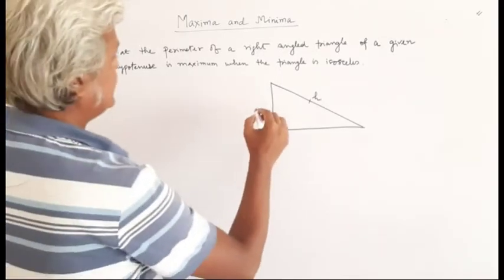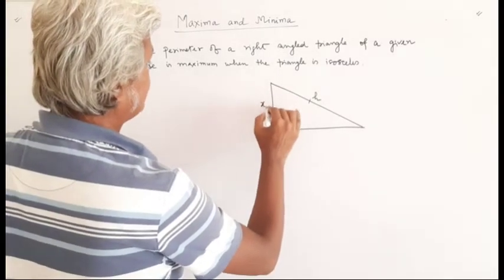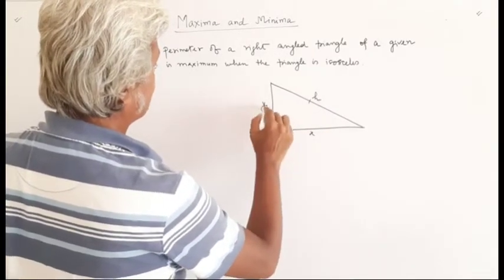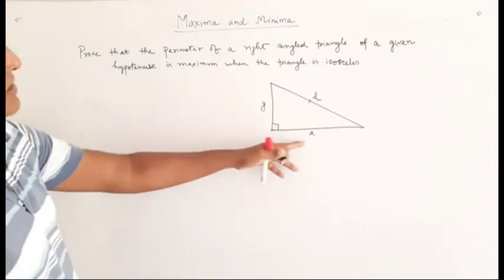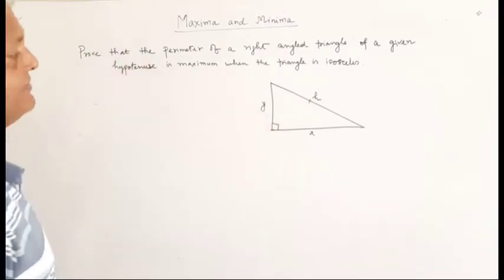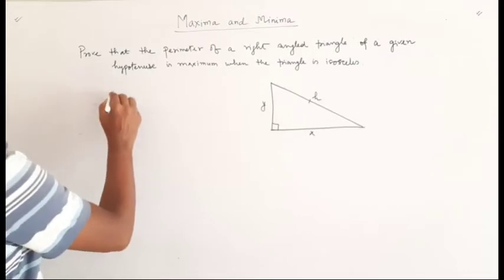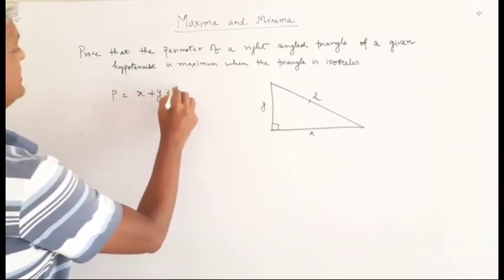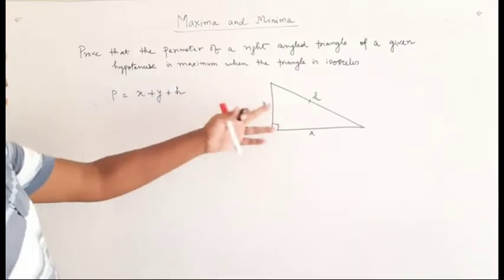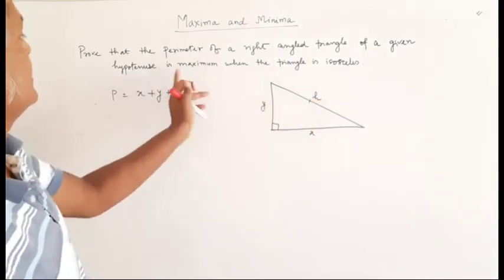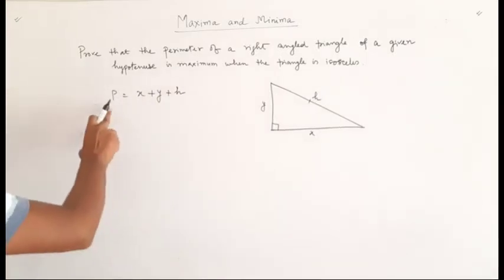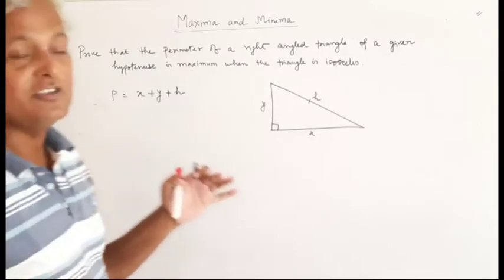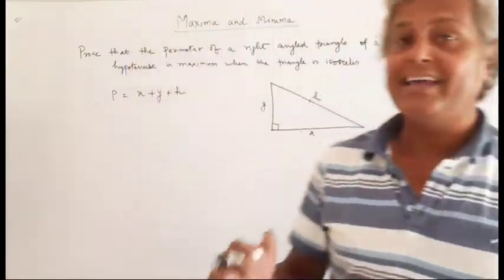So now we can take this side as x, and the other is the y component. So I can assume these two sides to be x and y respectively. So the perimeter P will be x plus y plus h, and there is no secret that h is constant because it is given. So this P is a function of x and y. We need to find another relation so that possibly we can convert y into x.